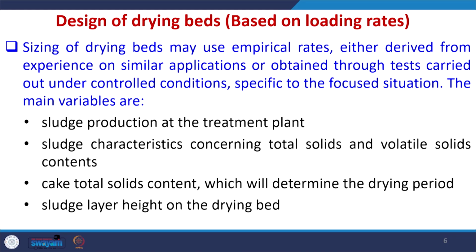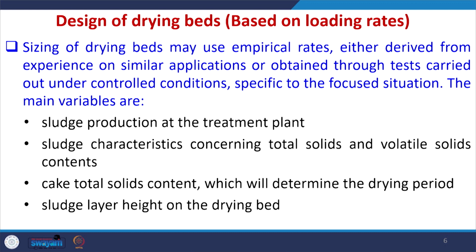Now, design of drying beds based upon the loading rates. So, we can design the drying beds. The sizing of drying beds may use empirical rates either derived from experience of similar applications or obtained through tests carried out under controlled conditions specific to the local situation.